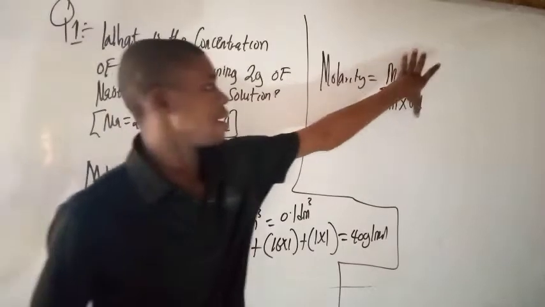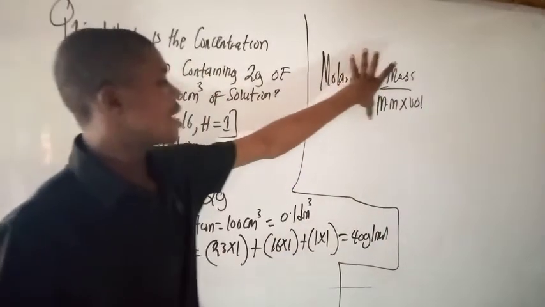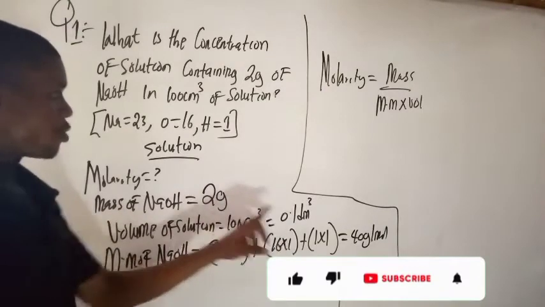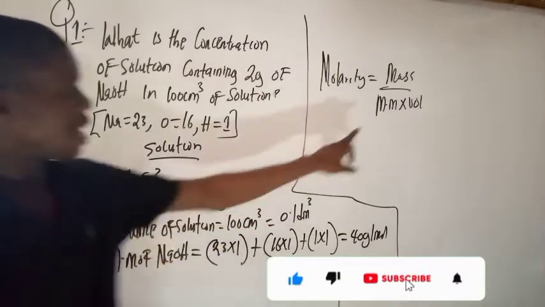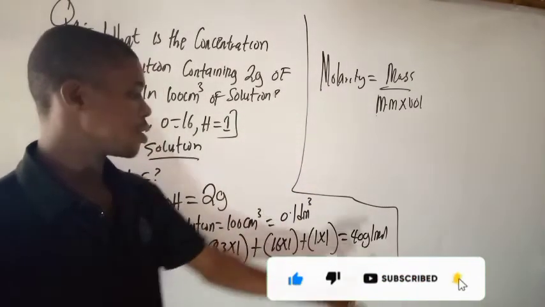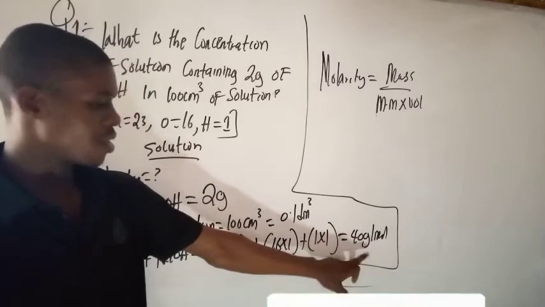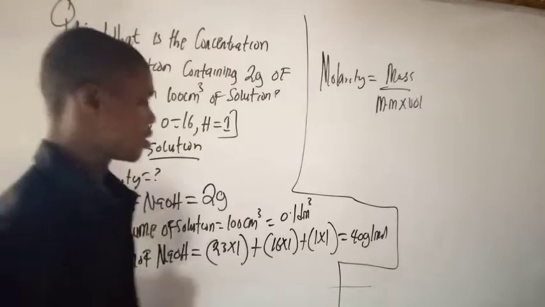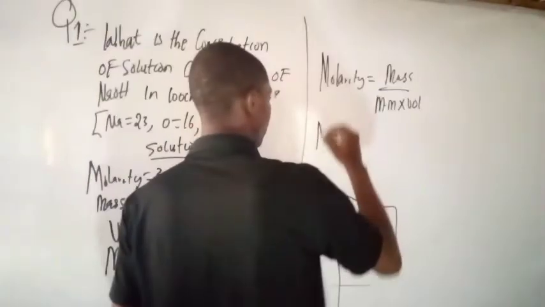Remember, we derived this formula. The main reason I use this formula is that the mass of the compound and the volume are given to us, and we can easily get the molar mass of the compound, which we got down here: 40 grams per mole. So what you have to do is substitute into the formula.